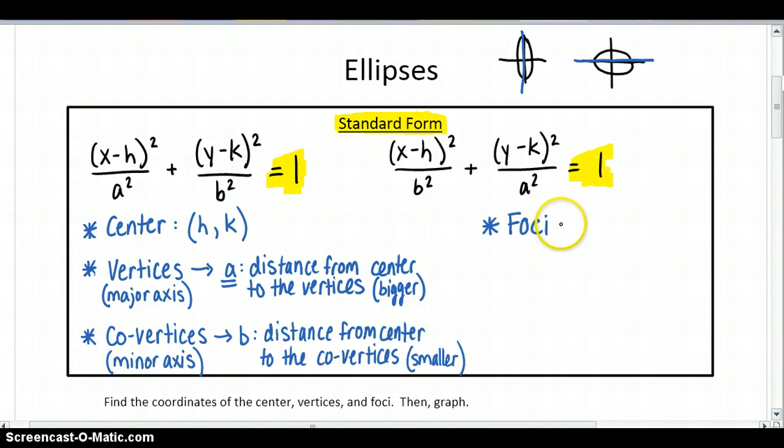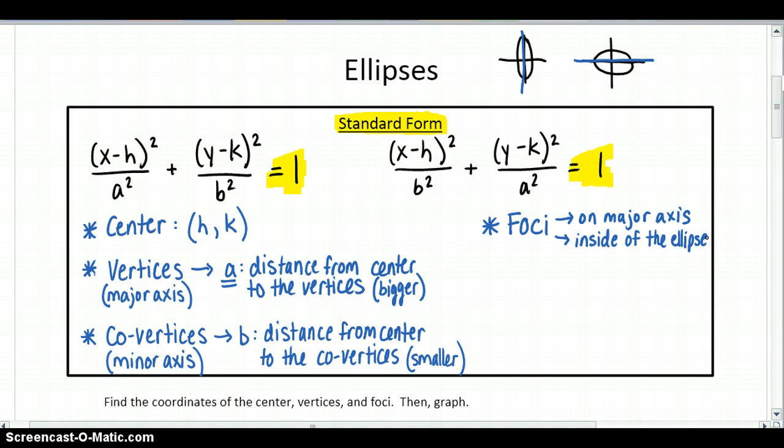The foci are always going to be located on the major axis, the longer axis. And another important point is that for an ellipse, the foci should always be inside of the ellipse.